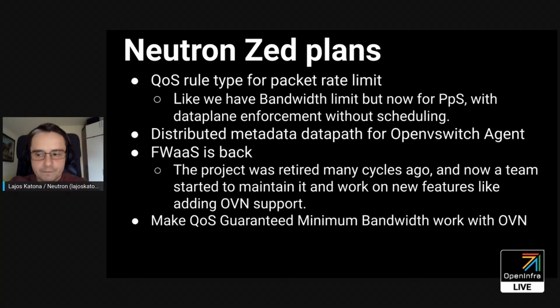So if we finish that, there will be no need for the metadata agent, because the OVS agent will be responsible for handling the metadata traffic between your VM and the Nova metadata service. So it will perhaps make the scheduling and the deployment of your OpenStack easier.